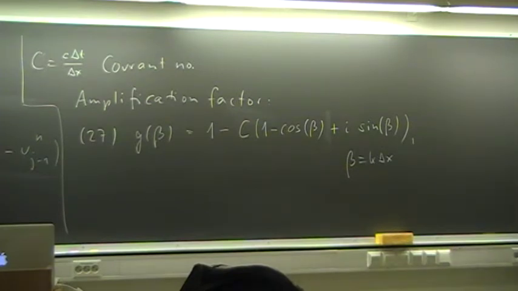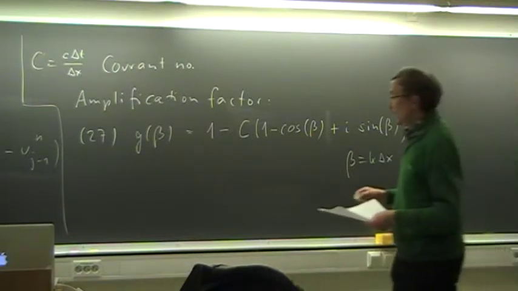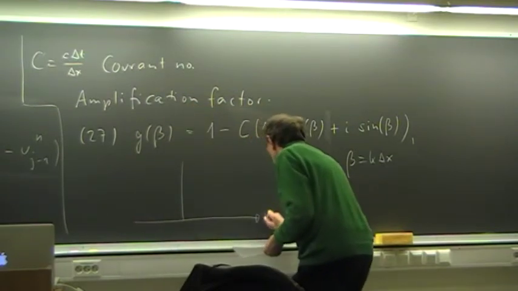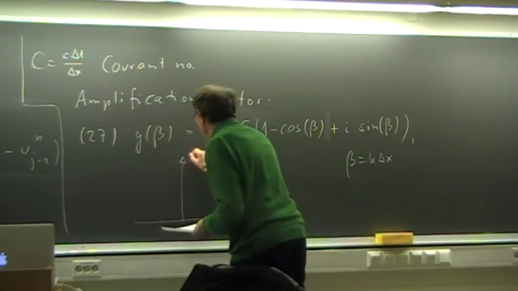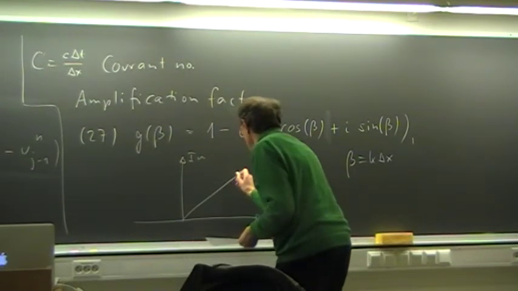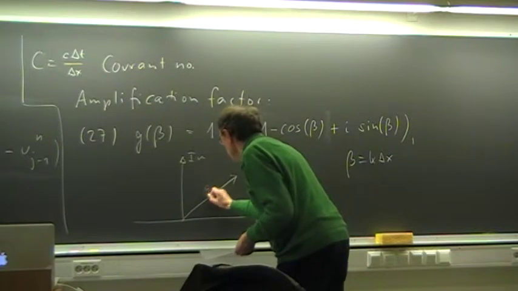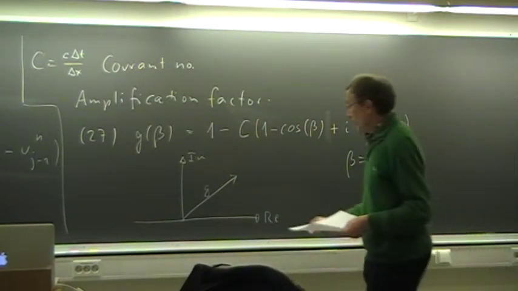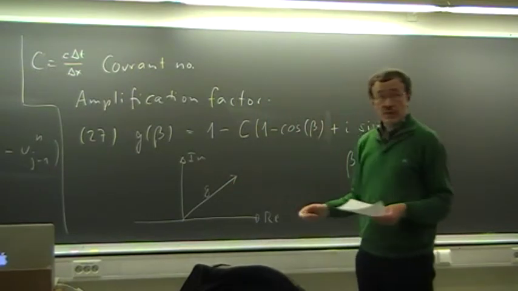And now we were on the way to analyze this more. And we argued that this is a complex number, and like any complex number, we can represent this in the complex plane. So if we have the real part here, and we have the imaginary part here, then if this is our amplification factor g, we can represent it as a vector.